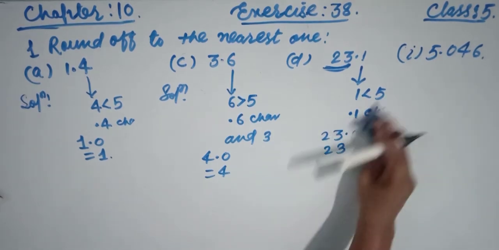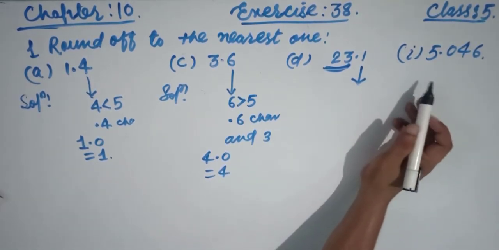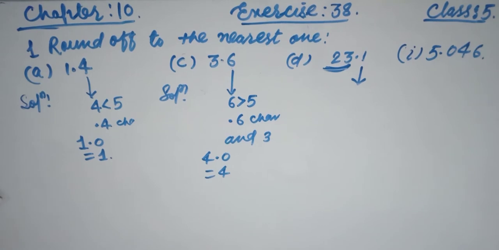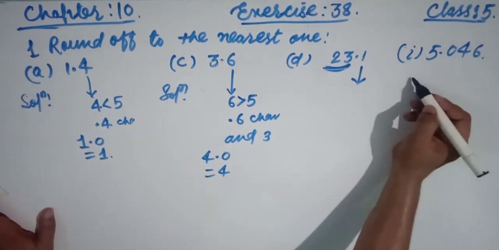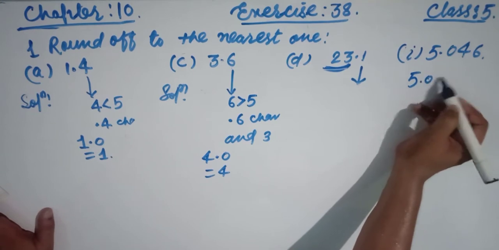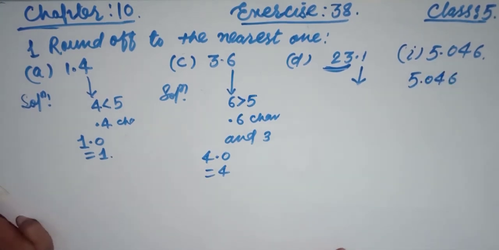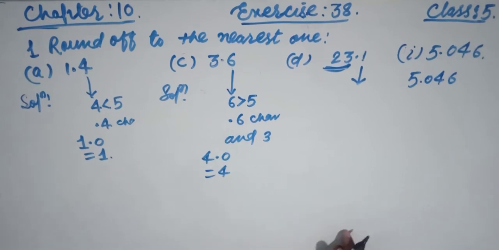Now the next question, 5.046. This is very simple, friends. See, this is ones.